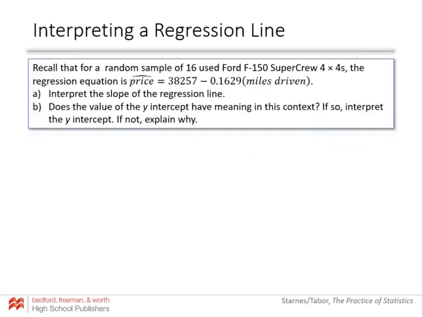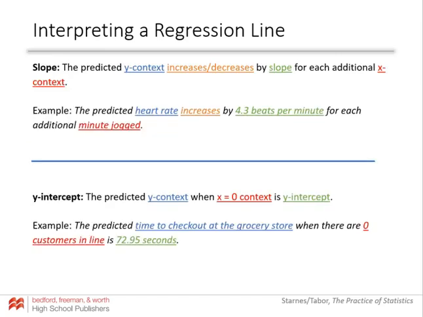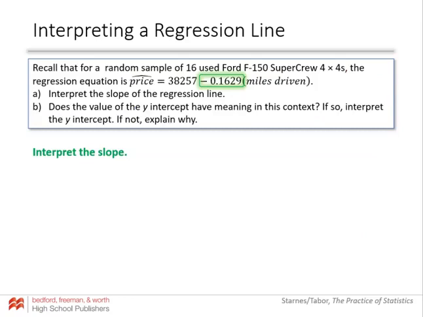So when we do this, we have sentences again for interpreting slope and y-intercept. All right, so here's kind of your templates. As always, not looking for word match, but just that you are getting the general sense of what the sentence is saying. Okay, so we want to interpret the slope.